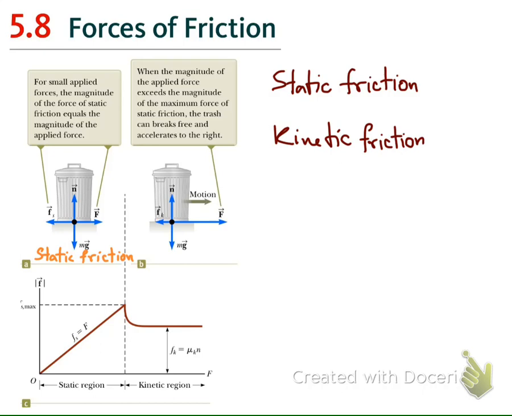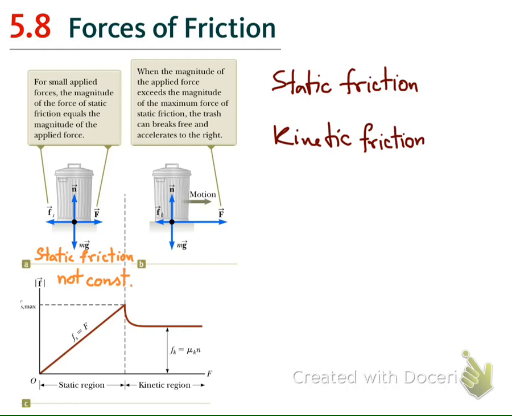It means that the static friction is not constant. It changes with the applied force, and as we discussed, if the object still does not move, the magnitude of the static friction must equal the magnitude of the applied force.